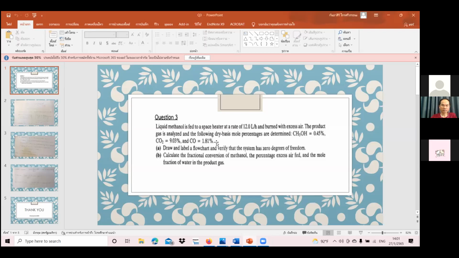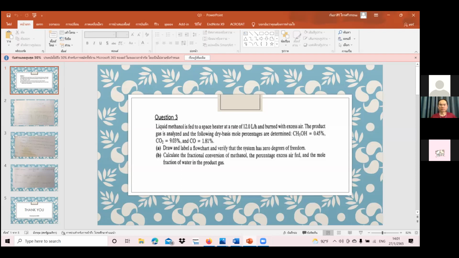Can you see my screen? Yes. Question number 3. Methanol is fed to a space heater at a rate of 12.0 L per hour and burned with excess air.